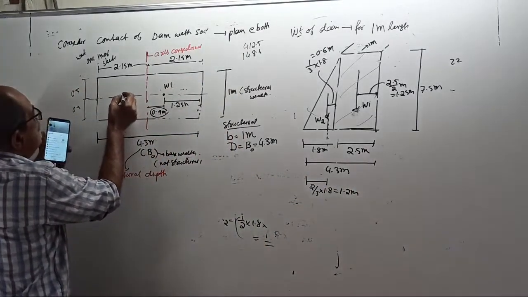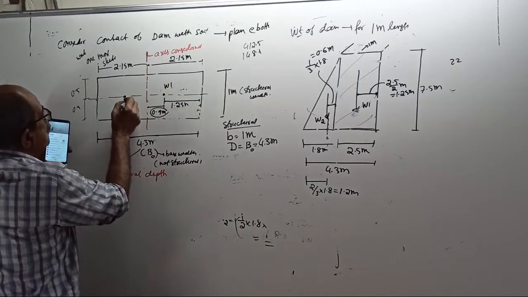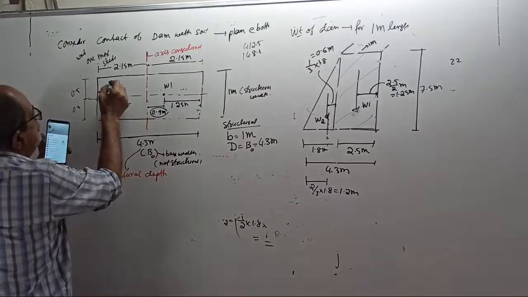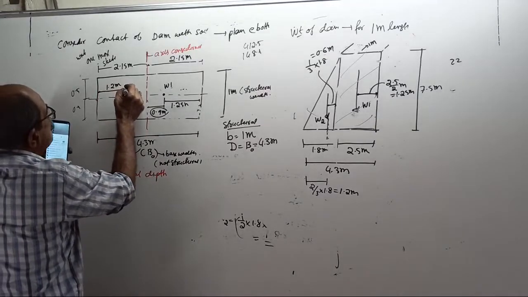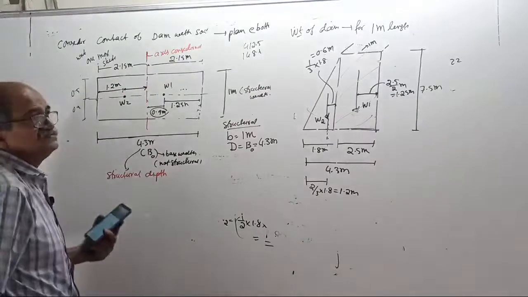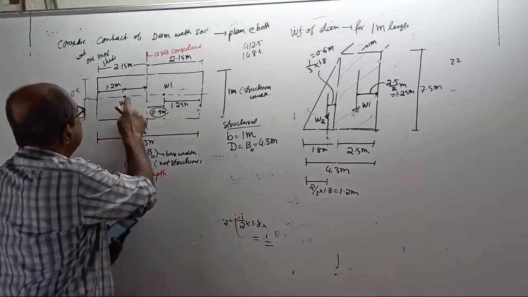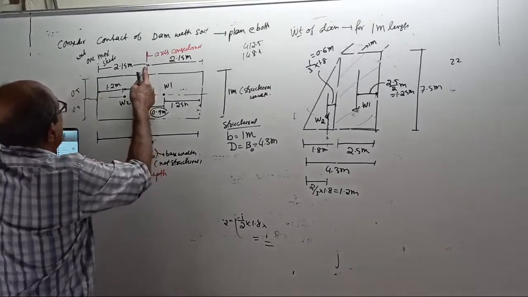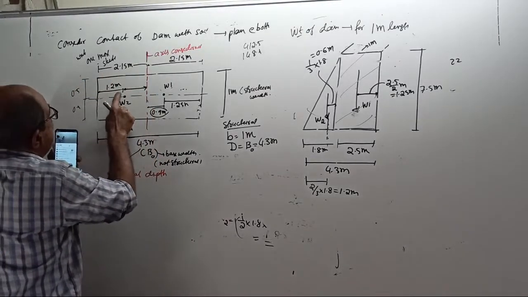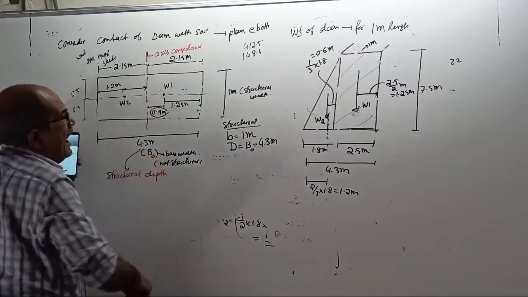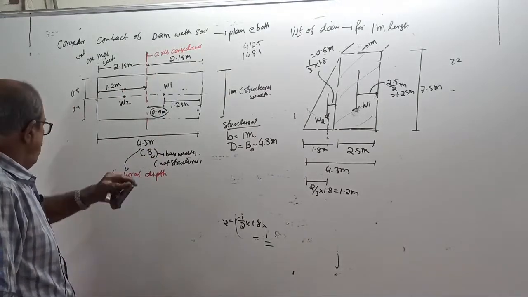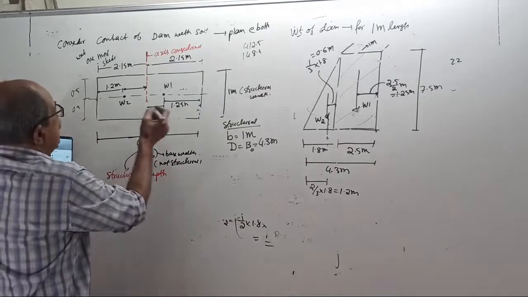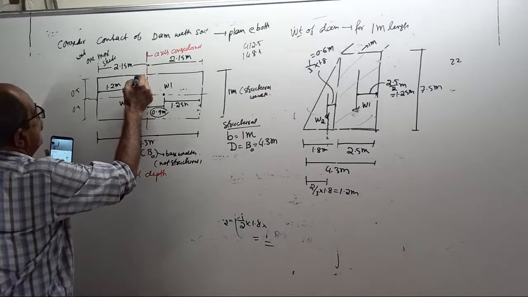W2 will act somewhere here, at 1.2 meter. If that is 1.2 meter, tell me this distance. Total is 2.15, this is 1.2. Where is W2 from the axis? 0.95 meter. Correct? 0.95 meter.